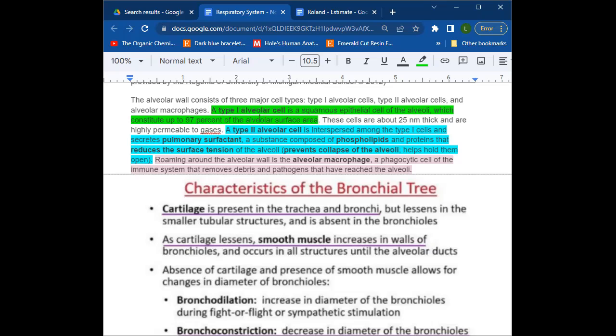Then the type 2 alveolar cells, we need to know that they are going to make an important substance known as surfactant.